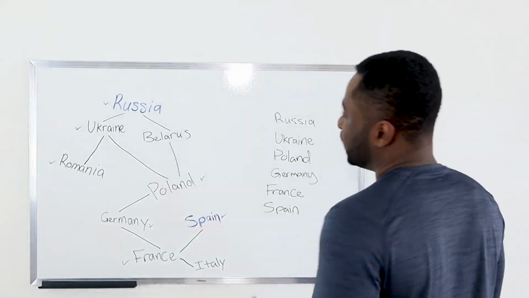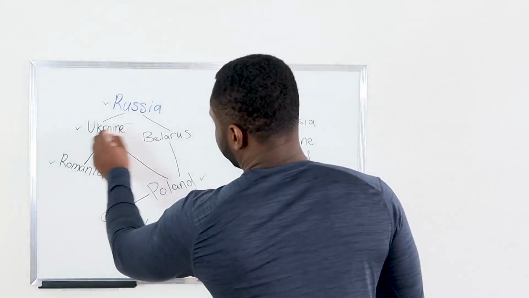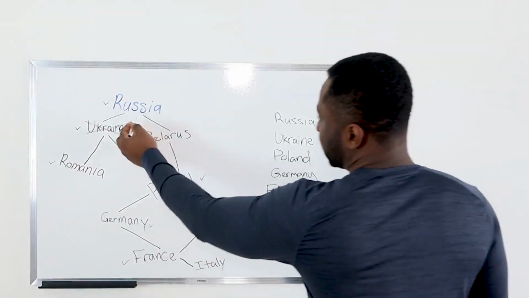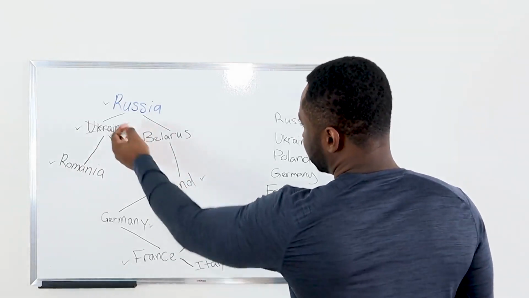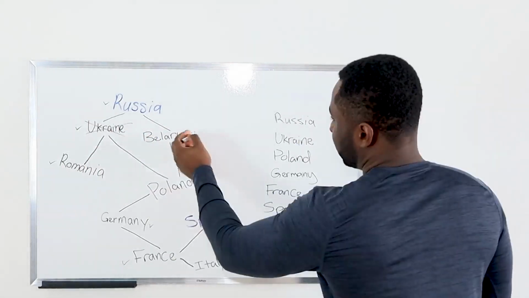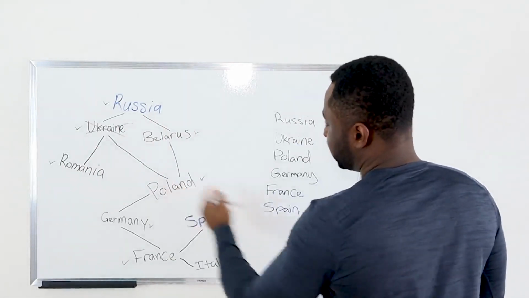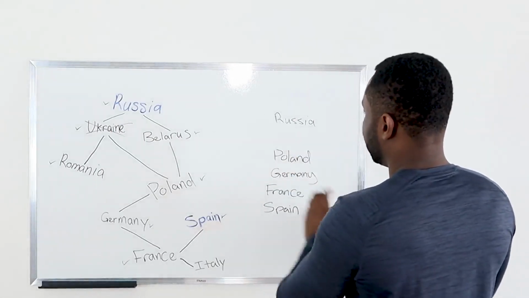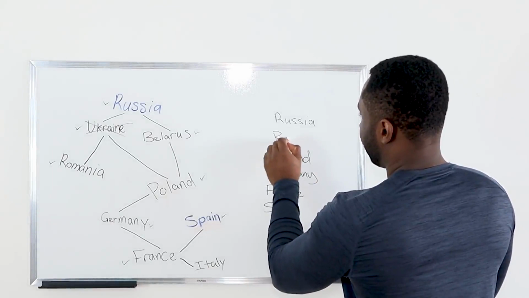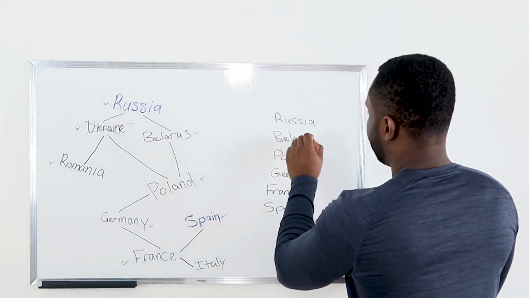In that case, if we removed Ukraine from Russia, instead of going to Ukraine, our algorithm will take us to Belarus, and then from Belarus to Poland. So then in the end, it will look like this. So hopefully this example will show you how useful these search algorithms could be.